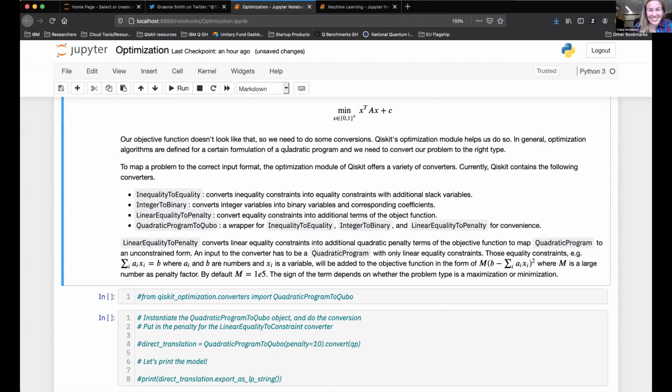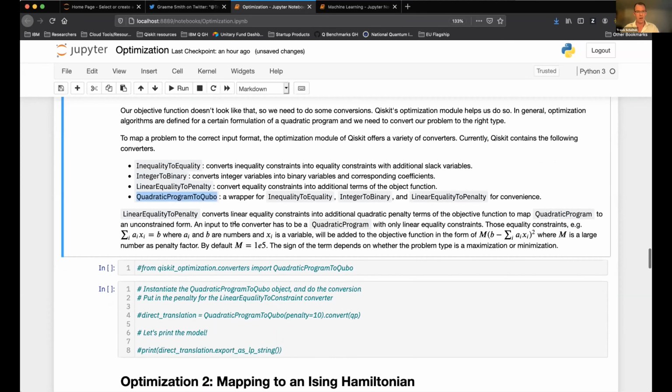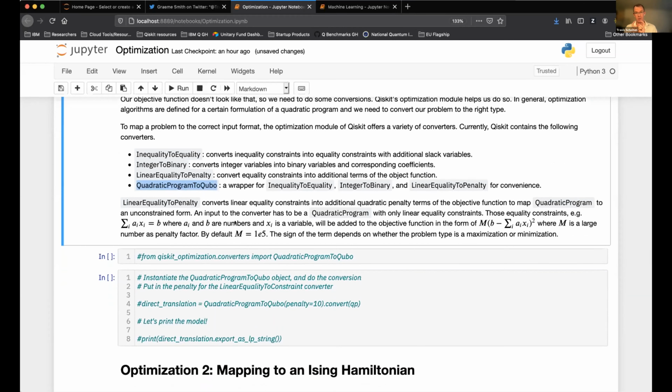All right. At least as of this version of Qiskit optimization, we have 4 converters. So we've got the 3 listed above. I'm not going to read the names; you can see what they do. But importantly, this one, quadratic program to QUBO, packages the 3 above in a much nicer way. For our problem, we have this linear equality constraint.